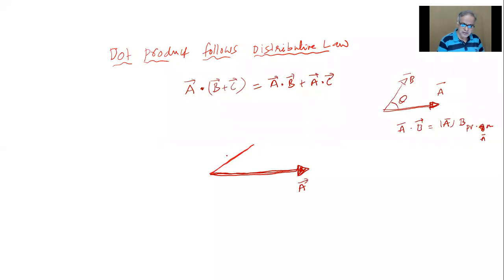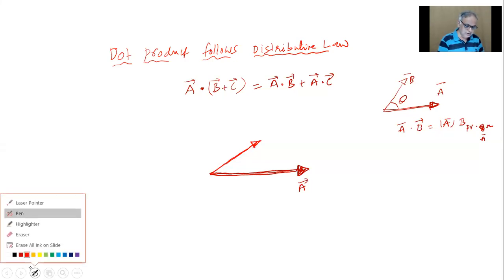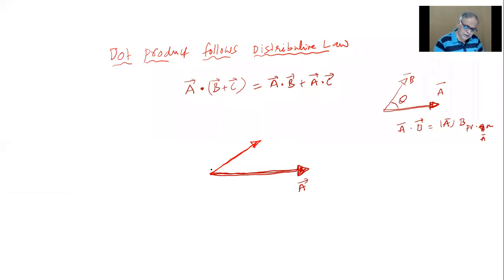This is, say, our B. And let me use another color, for example. I will take vector B here.